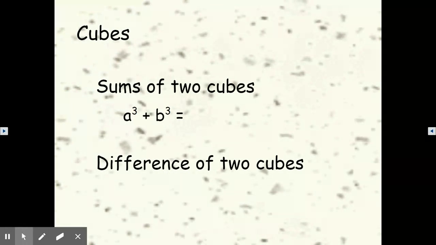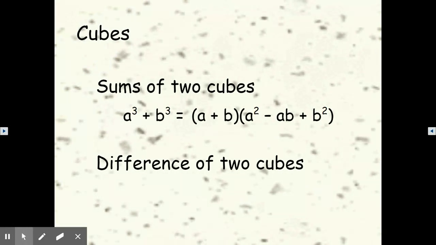A cubed plus b cubed equals a plus b, the first number plus the second number, and then a squared, the first number squared, b squared, the last number squared, and then the middle term is a times b, like we had 2 times x or 3 times x. In this case, a times b. And the sign has to be minus, otherwise you're never going to have anything cross out.